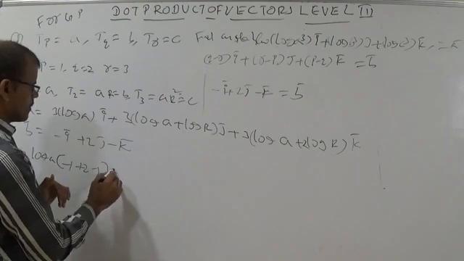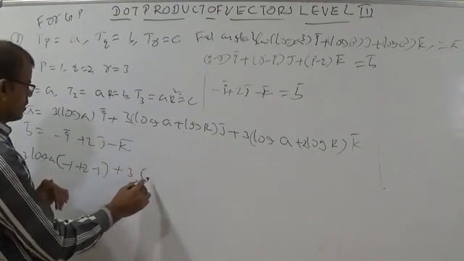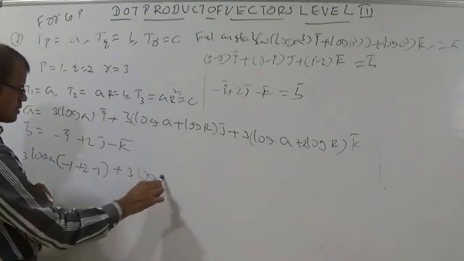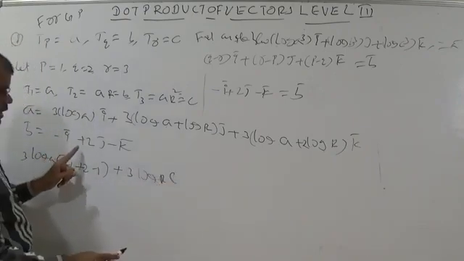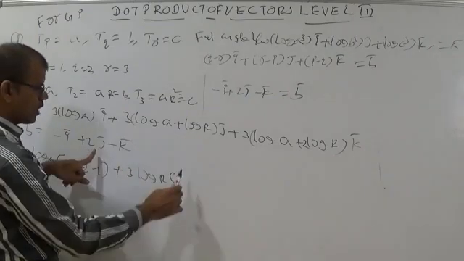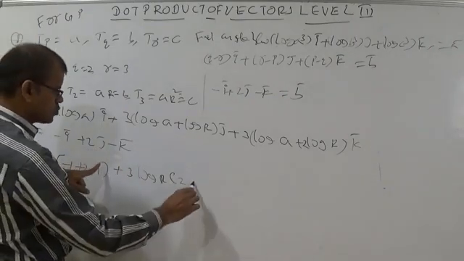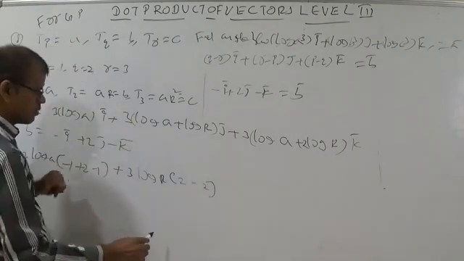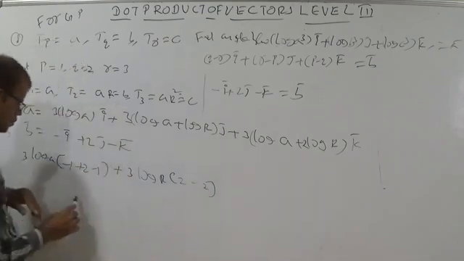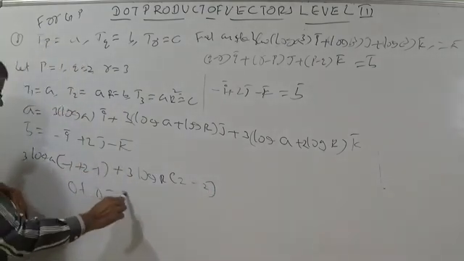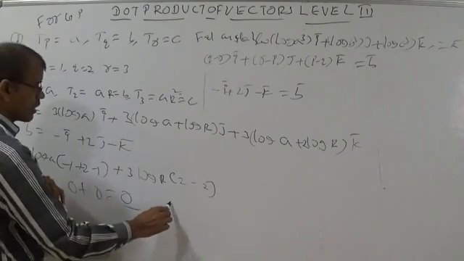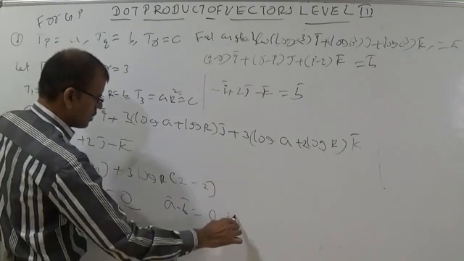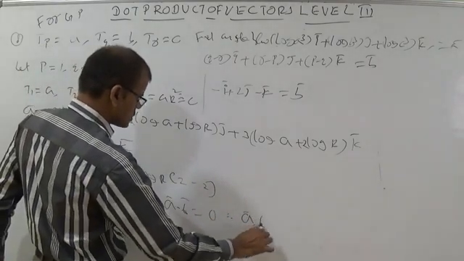For j, separately, we take 3 log R common. There is no such term for i, so no need to calculate. Here 2 into log R, and multiplied by minus 2 it becomes 2 minus 2, 0. That's all. This one 0 and this one 0, overall 0. So whenever the dot product of two vectors is 0, the angle between the two vectors is pi by 2.